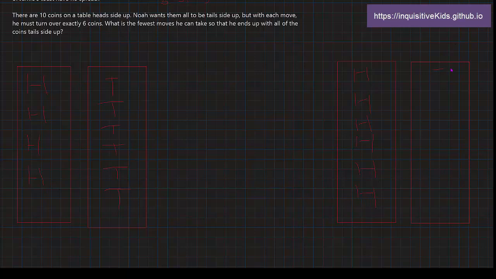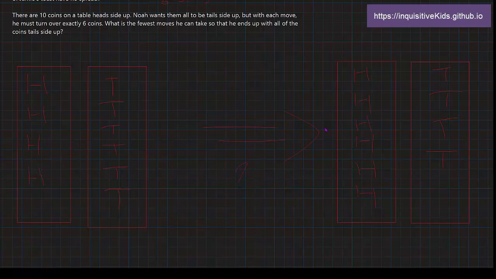So this is what it would look like second to last, before all of them are tails, and this is what it's like after the first move. So now the question is, how do we get from this to this?